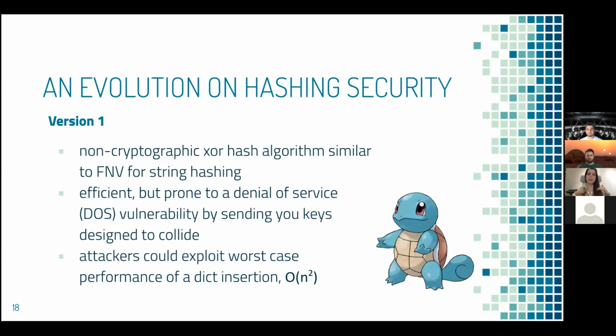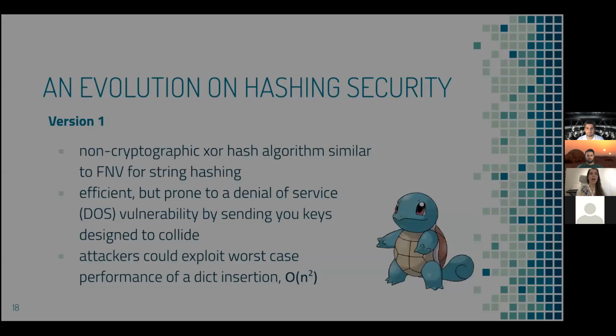It was proven with an example that attackers could exploit the worst case of dictionaries. This was a known issue for a while, and people talked about fixing it. It got delayed more than maybe the community would have expected, but then eventually there were some improvements.